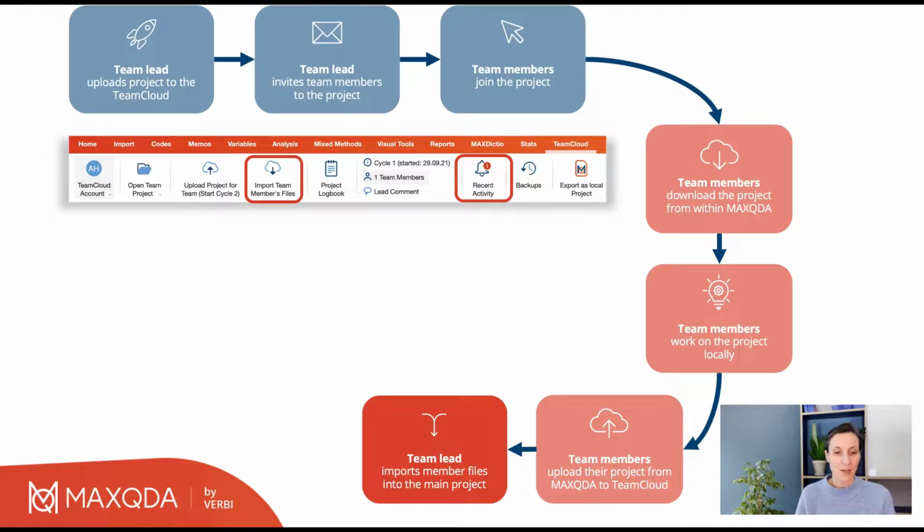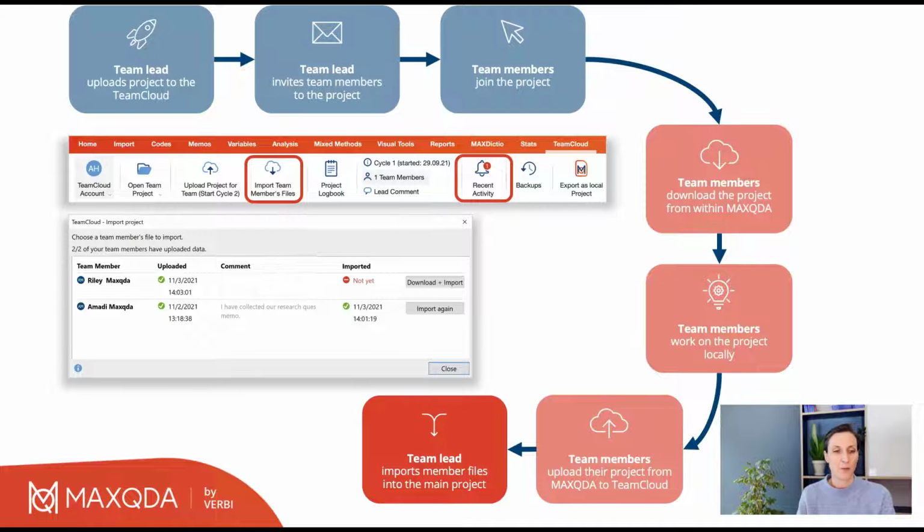The team lead now, on the other hand, receives the notification in MAXQDA and also via email that a new import is available. The team lead now clicks on the Import a Team Member's Files icon and then sees which of the team members have uploaded data, sees if they added a comment, and if they have imported it yet or not.